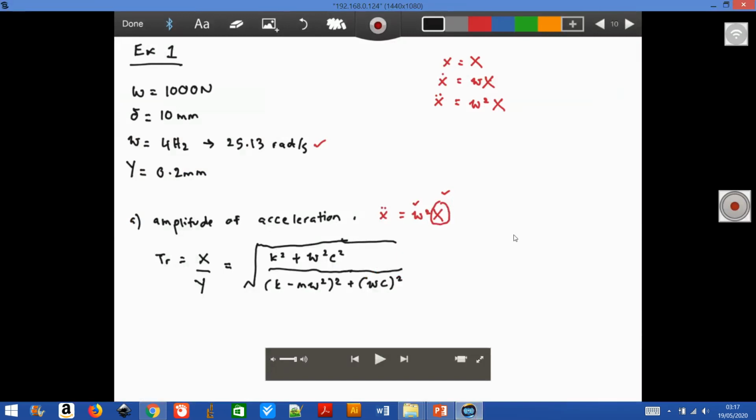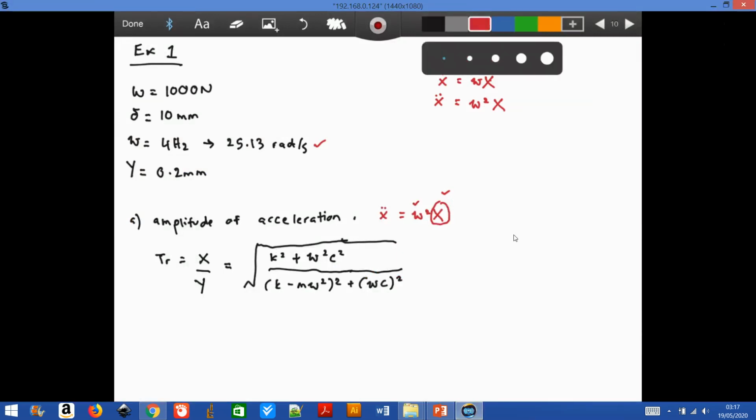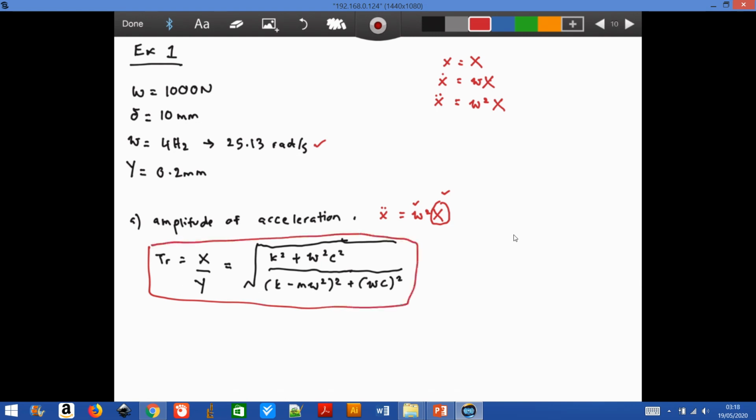Okay, so we know that we need to use this equation, because we need to find the x. So let's look at the value that we have. We know that we have y, we don't have the k yet, we have omega, and then c we don't have. But if you look at the example, it doesn't provide you with the value of c.